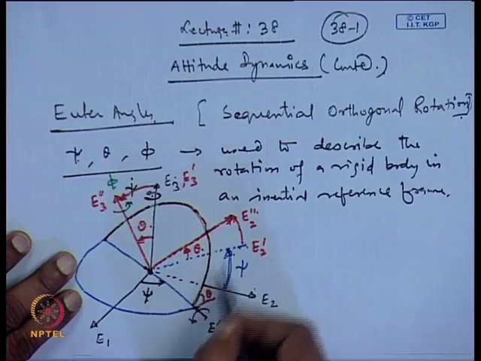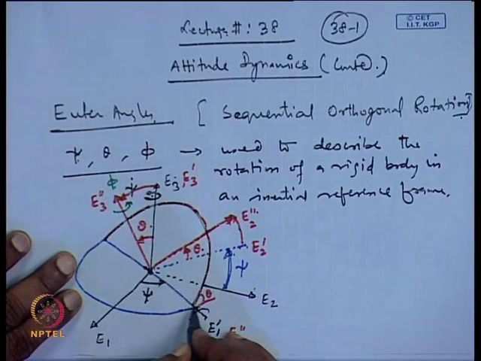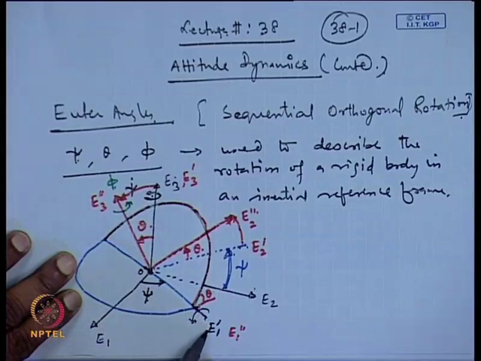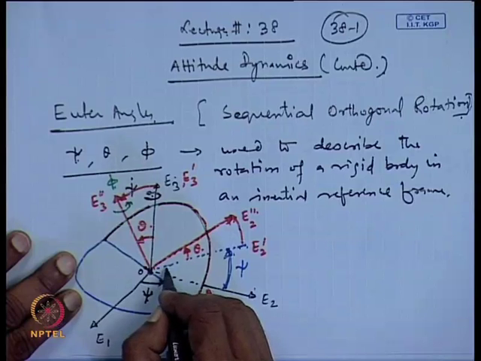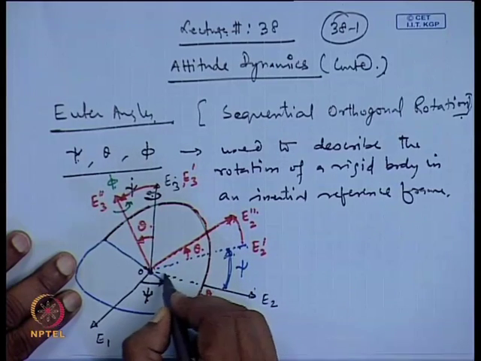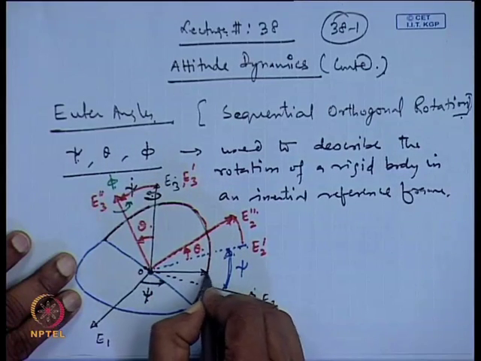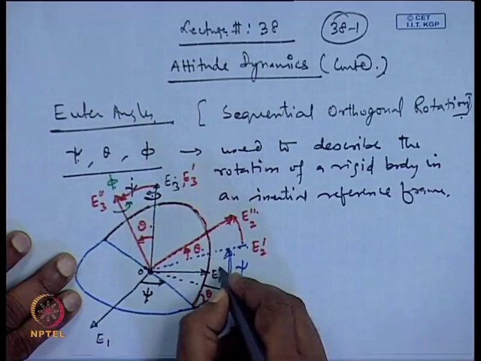Now, once you rotate it by angle phi, the next rotation will be: the line from O to E1 prime will rotate by angle phi, and this we can show somewhere, let us say this is coming to E1 triple prime.